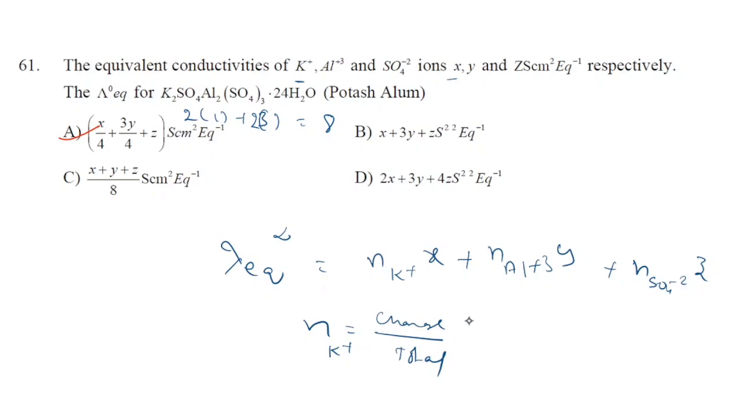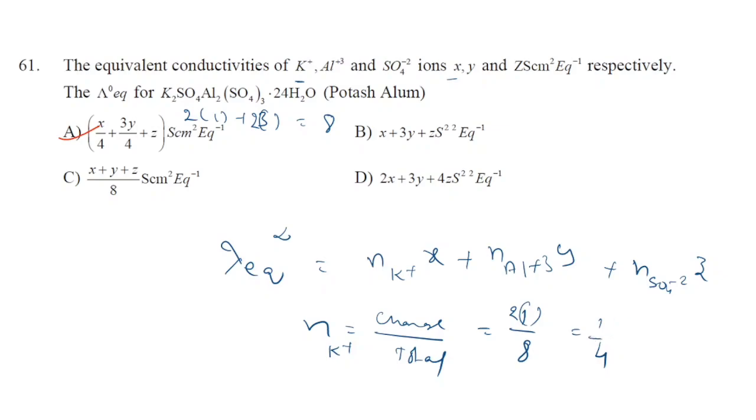Total charge is 8. So if we consider the K plus ion, 1 by 8, 2 units positive charge, 2 units is there. So 2 into 1 by 8, nothing but 1 by 4, is the number of equivalents of K plus ion.